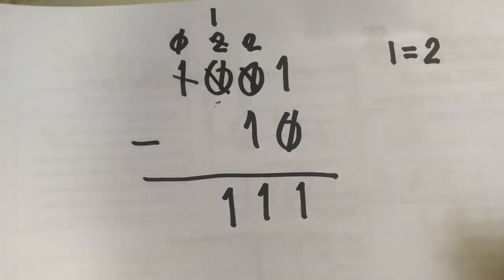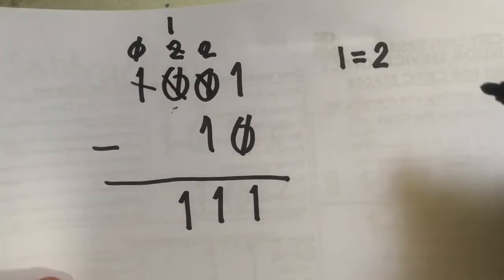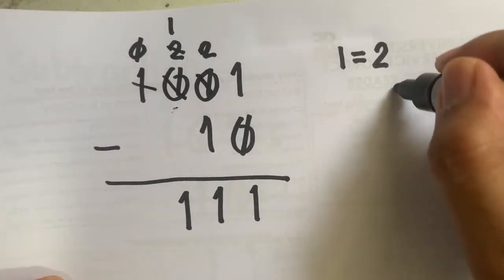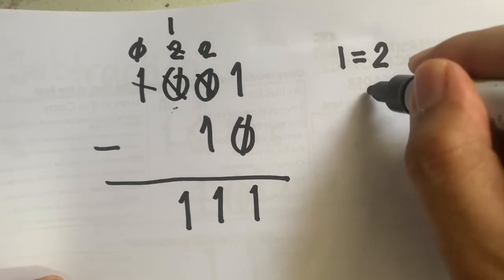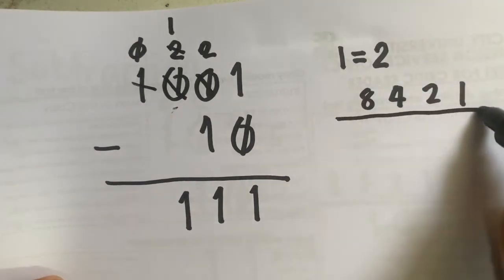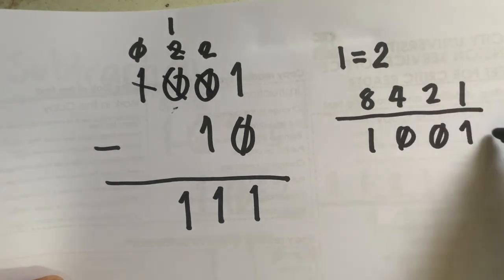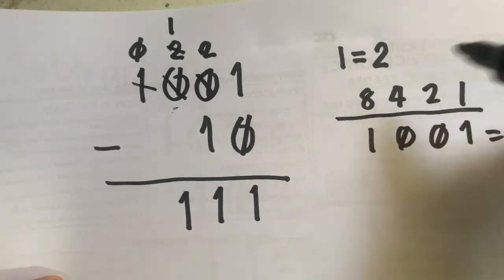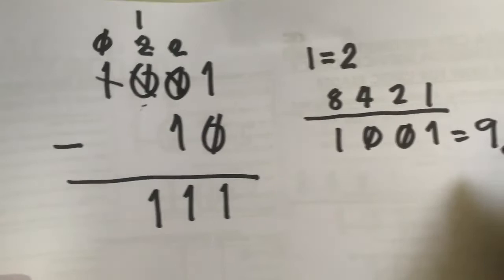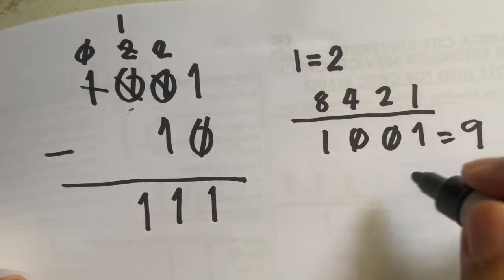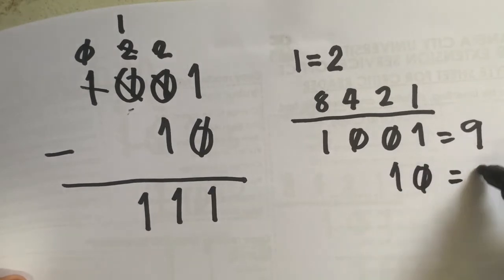So to check again if our answer is correct, we need to use the positional values to convert our answer to decimal. So we have 1001. So we simply add 1 and 8. So that is 9. And then 10, which is 2.